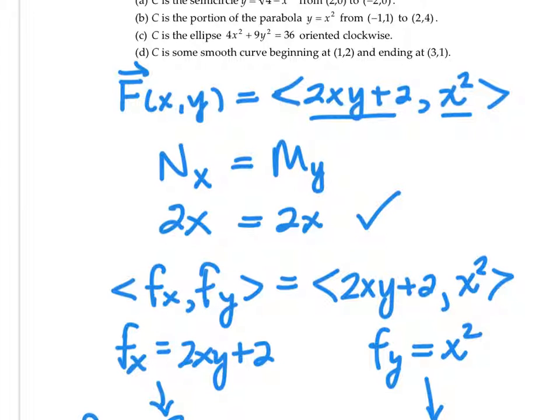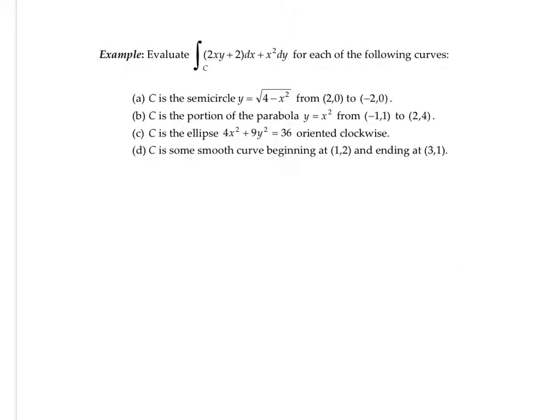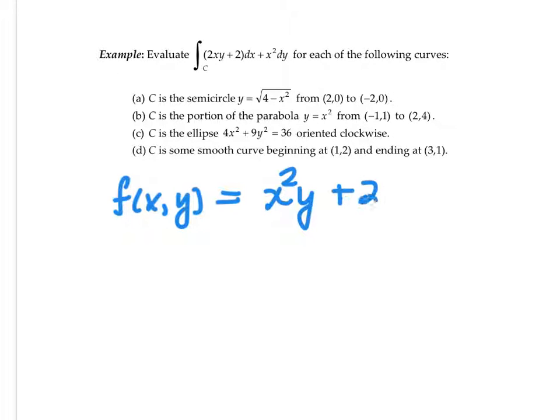Okay, let's get rid of all this stuff. Unfortunately I also got rid of the potential function, so let me put that back on the screen. It was x squared y plus 2x.